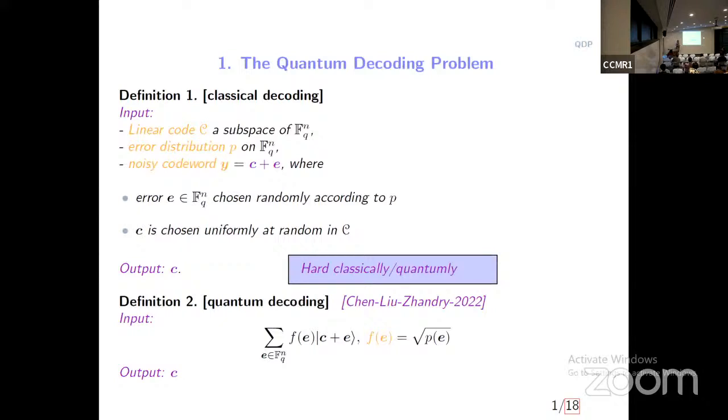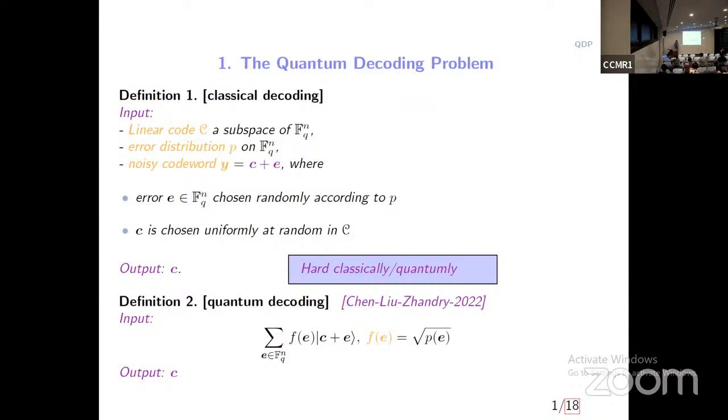E is chosen according to some probability distribution, which favors elements that are rather small according to some metric, which I will talk about later on. For now, you can think of E as rather small. You give away the noisy codeword, which is the sum C plus E, and you are asked to find C just from the knowledge of C plus E and the knowledge of the code. This is the classical decoding problem.